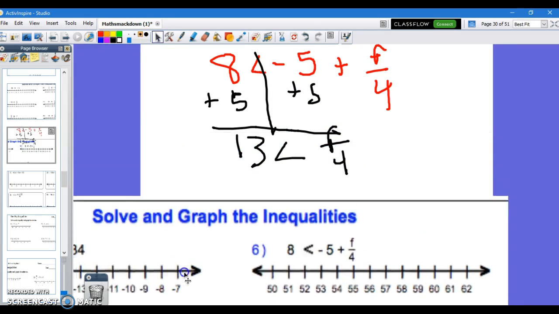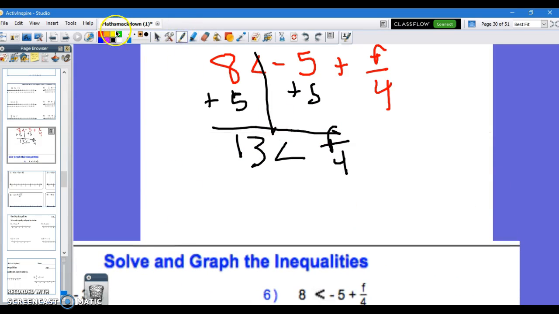Okay? So now to finish that off, still need to get f by itself. Remember, you guys do realize that's an f right here, right? Sorry about the bad handwriting again. Okay? So this means divide, fractions mean divide, so I'm going to multiply out the 4. Multiply by 4 on both sides, because you have to do the opposite of what you see, just like in the equations. Okay?